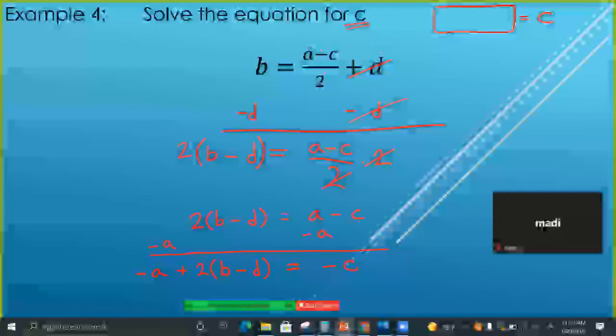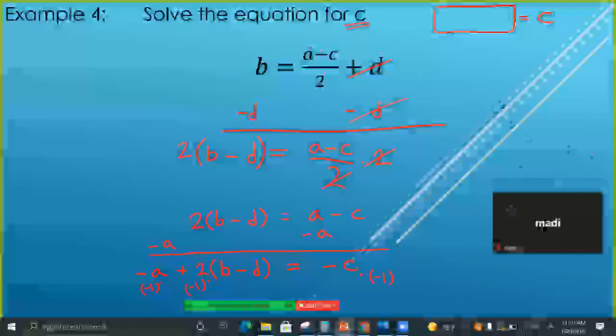Okay, it's almost done. C's alone, except it's not positive C, it's negative C. So to fix that, we're going to multiply both sides by -1. So imagine multiplying a -1 on the right and to everything on the left. So I'm going to write them this way to show that. Now, when I multiply -1 to everything, what's happening is everything's just getting its sign changed.